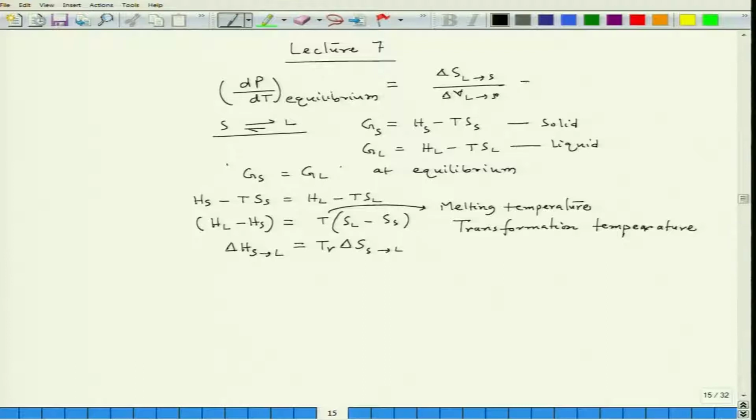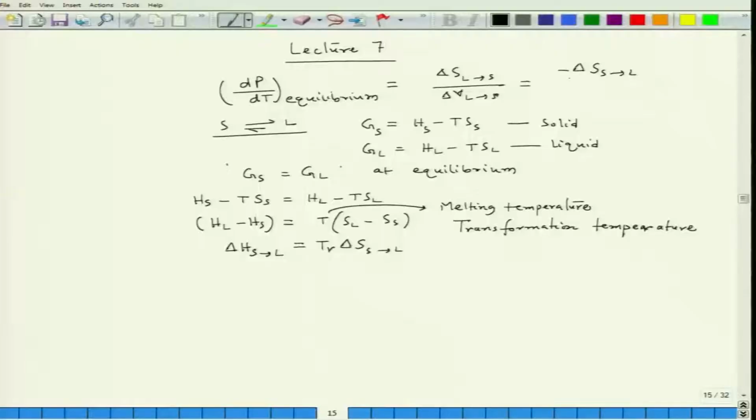I simply change this notation, which will be a minus, because I am just reversing the transformation for our benefit, because we have taken solid to liquid and here it was liquid to solid. So, I am just changing the notations. This minus sign is nothing but change in direction of transformation, so this would get cancelled.